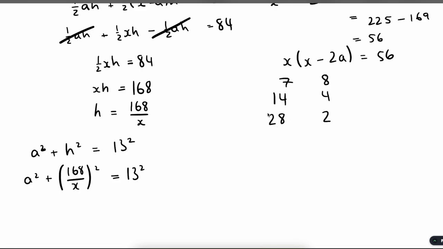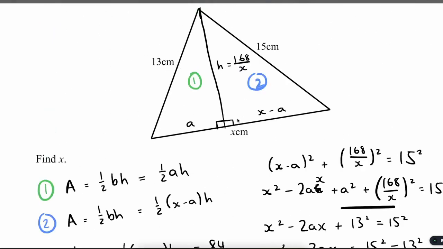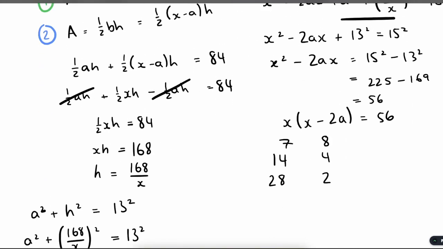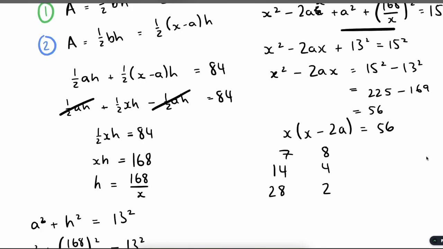But if x is 28, then the triangle becomes impossible, because 28 along here is the same as 13 plus 15, so the triangle would actually just be a line. So it's not going to be the 28 one, or anything bigger. The 7 and the 8 one would be assuming that a is negative, because we have to do x plus something to get to 8. So we're not going to use that one.